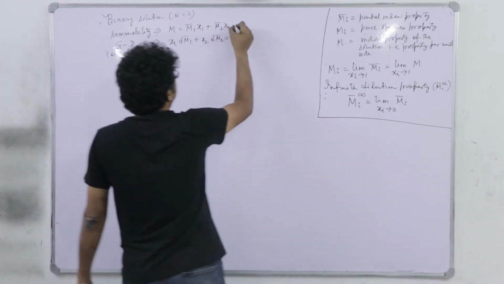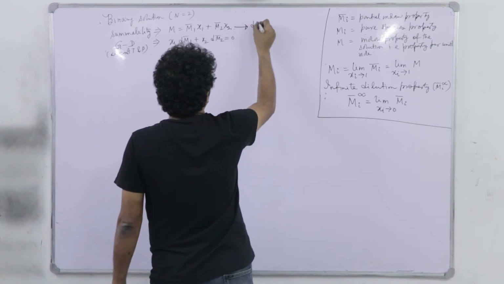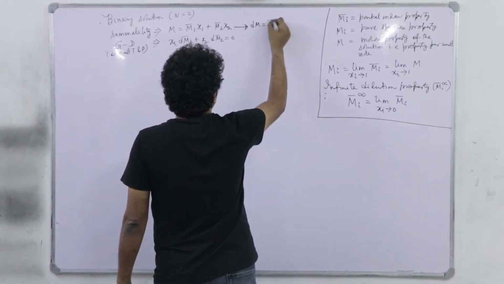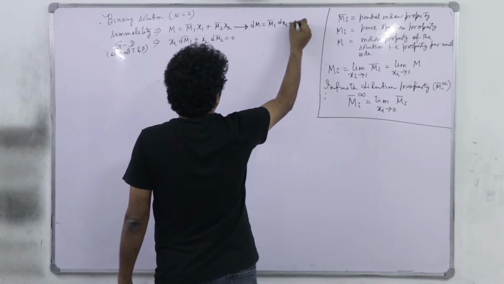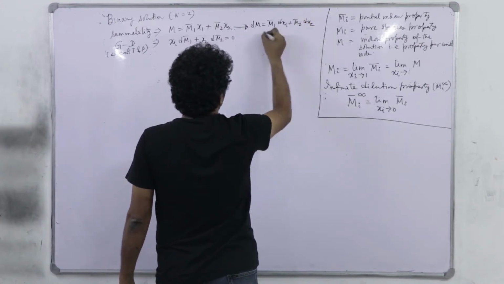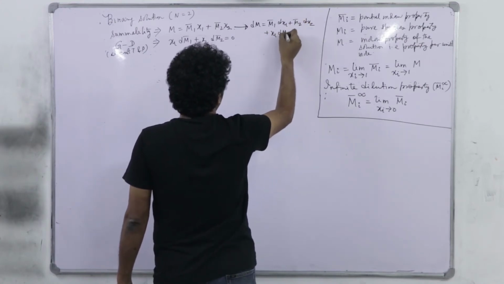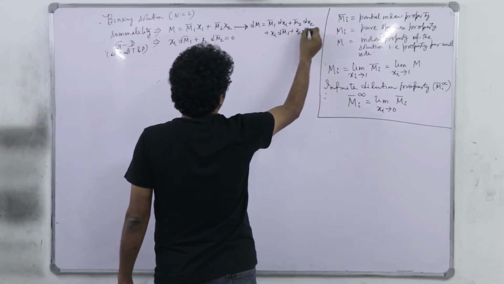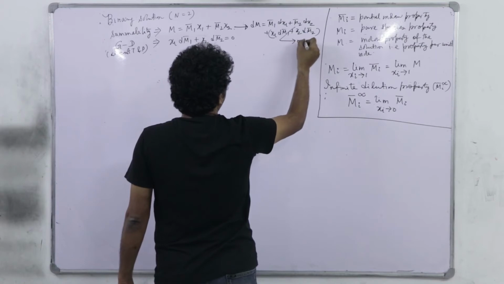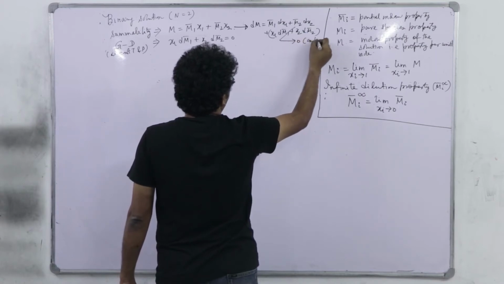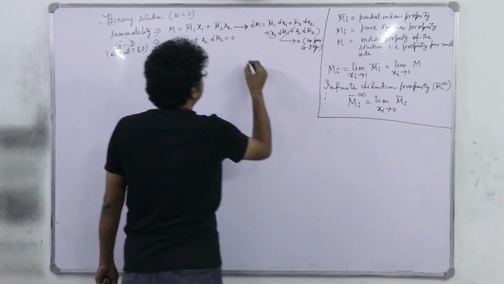So, you see that if you take the differential of this, dM is equal to m1 bar dx1 plus m2 bar dx2 plus x1 dm1 bar plus x2 dm2 bar. So, this entire bracket term will be 0 as per Gibbs Duhem equation. Right.